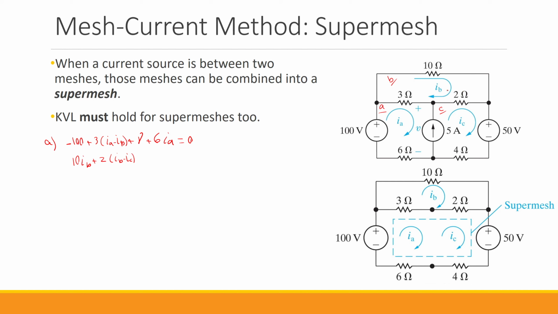Since IB and IC are in opposite directions, we have IB minus IC. And then we get to this 3 ohm resistor. So this one is for mesh B. We have 3 multiplied by IB minus IA. The net current that goes through this 3 ohm resistor in the direction of IB.